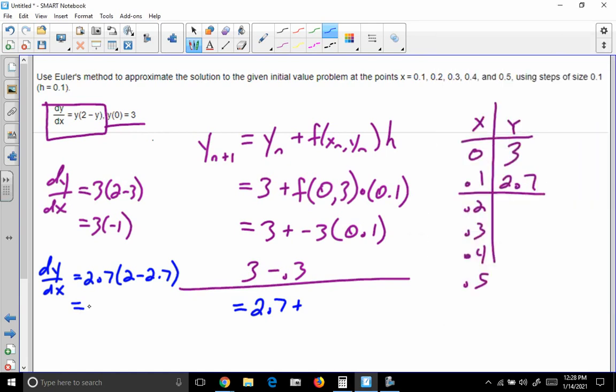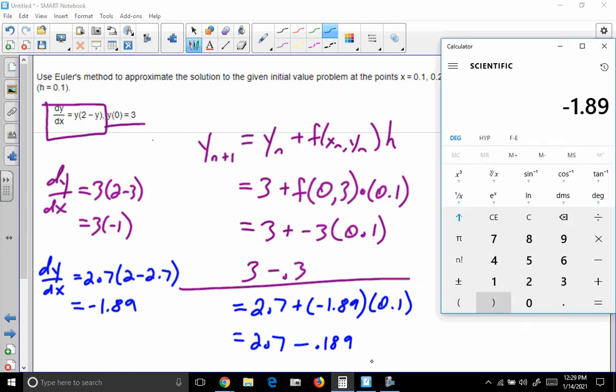So negative 1.89 for our slope. And our delta x is staying the same, 0.1. So we just need to crunch those numbers. A positive times a negative will be a negative. This times 0.1 will be 0.189. So 2.7 minus 0.189 gets us to 2.511.